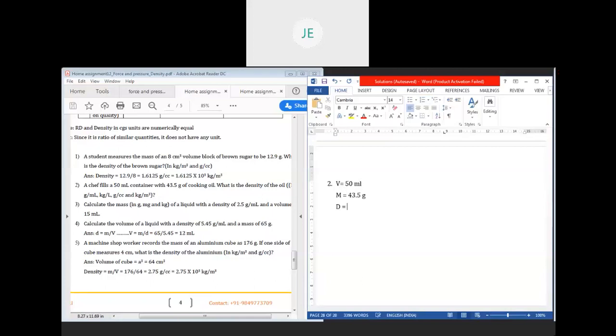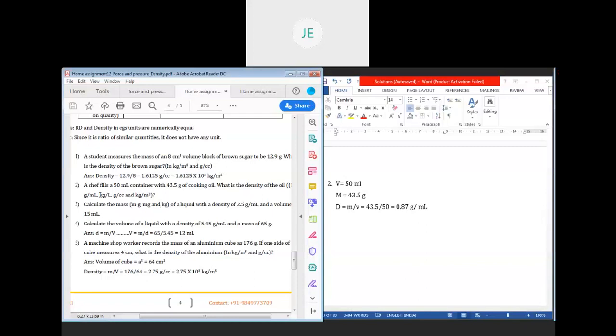So density D is equal to mass by volume, which is equal to 43.5 divided by 50, which is equal to how much you got? 0.87 gram per ml. Okay.